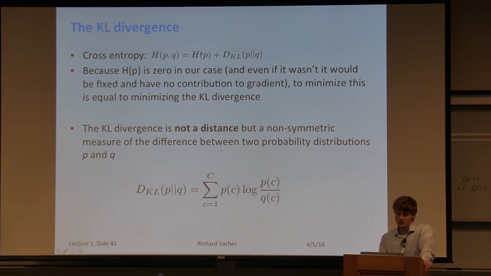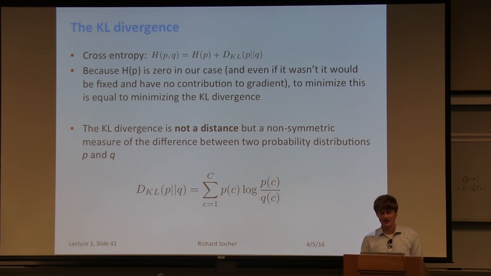So H(P) goes away. Also, P is of course the ground truth, so as we optimize, there's nothing to optimize there. So really, this is the main takeaway message: if we minimize the cross entropy between our target distribution and the distribution that our model gives, we are essentially minimizing the KL divergence between these two distributions.